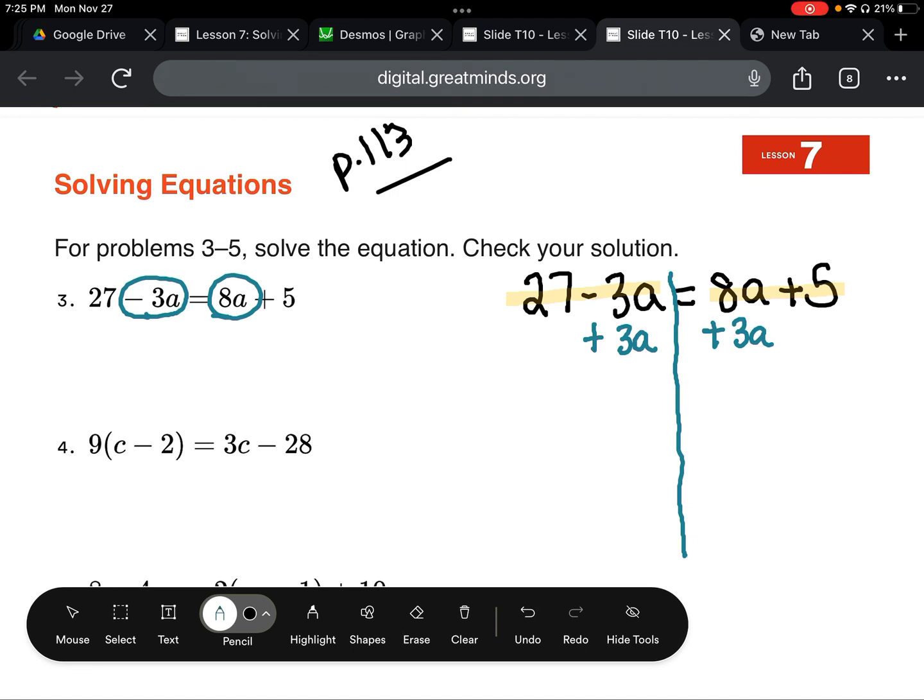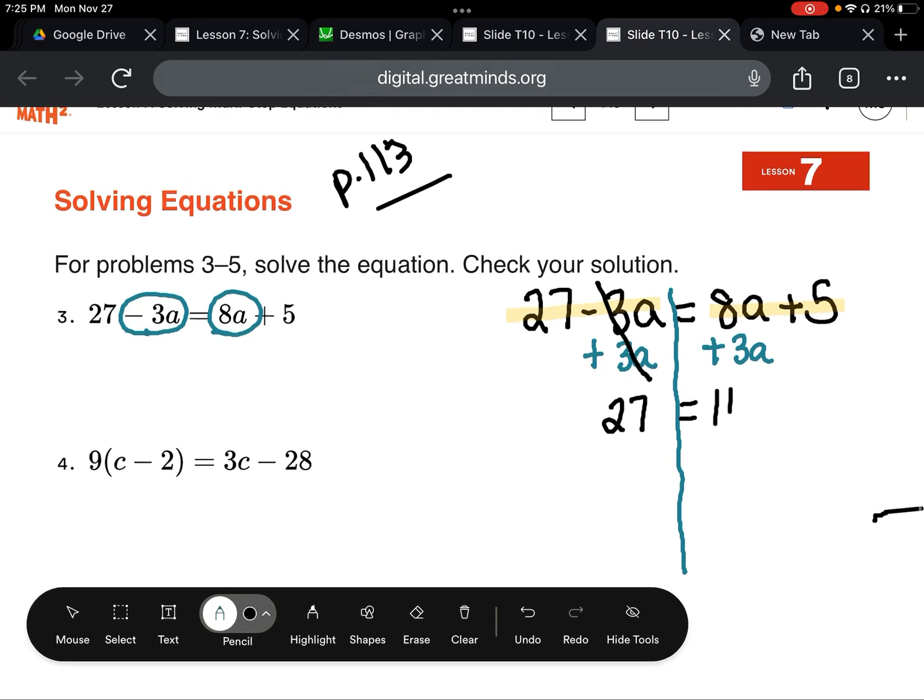So on the left, negative 3a plus 3a is 0. That's what we wanted. We wanted to zero that out, but we are still left with 27. On the right, 8a plus 3a is 11a. And then we still have that plus 5.